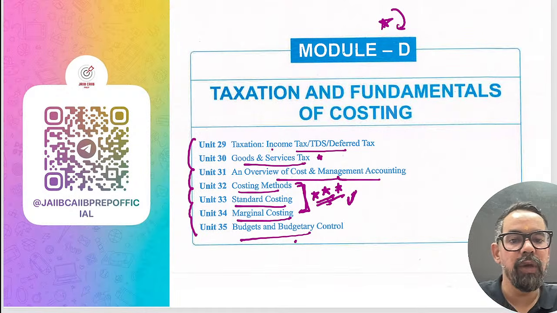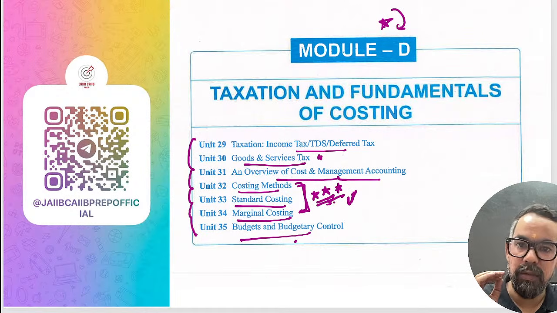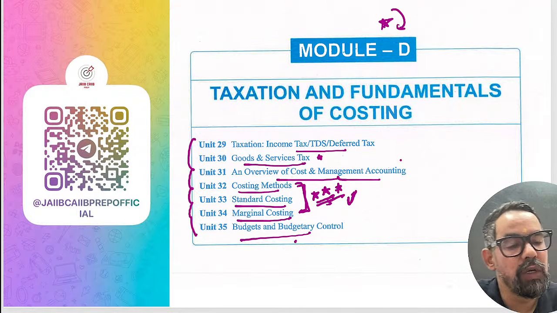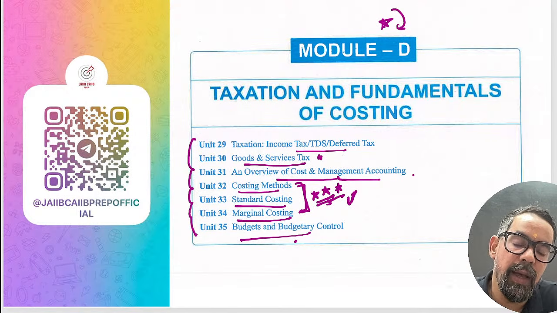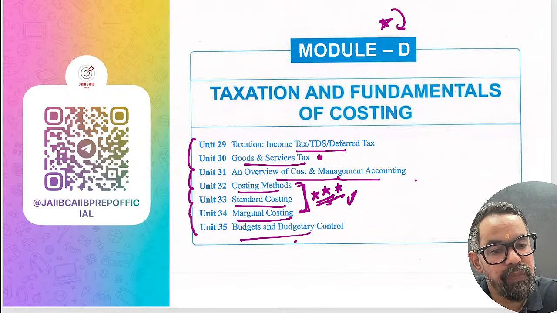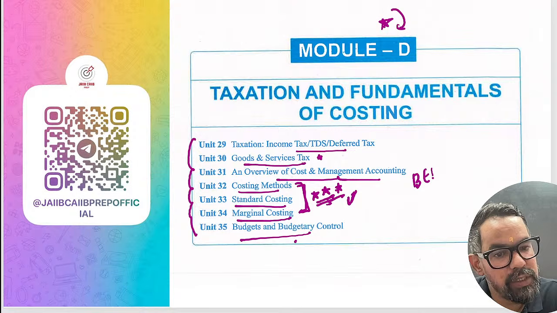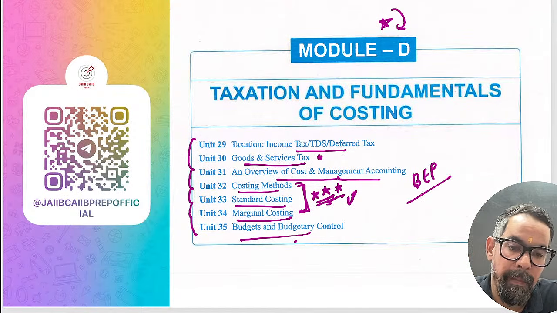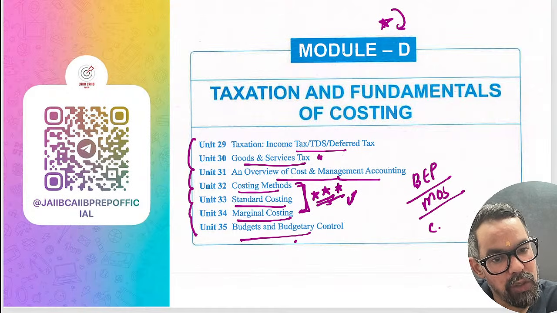There are some areas which you have to focus on, like break-even points, which get asked. We have margin of safety. We have cost, volume, profit analysis.